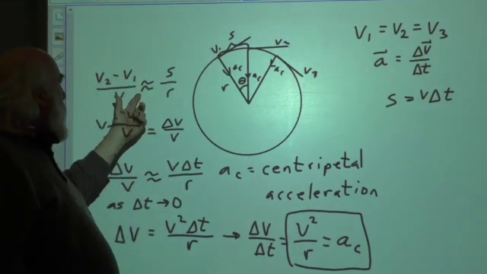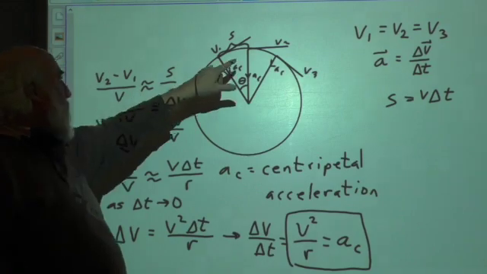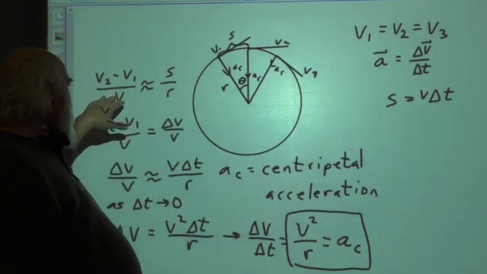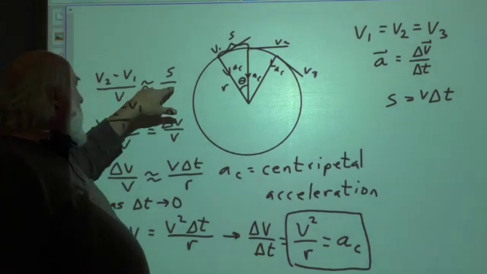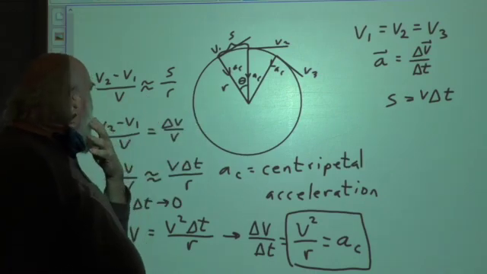So this is where this equation is coming from. V2 minus V1, these two velocities here, divided by the overall velocity, is approximately equal to S over R.